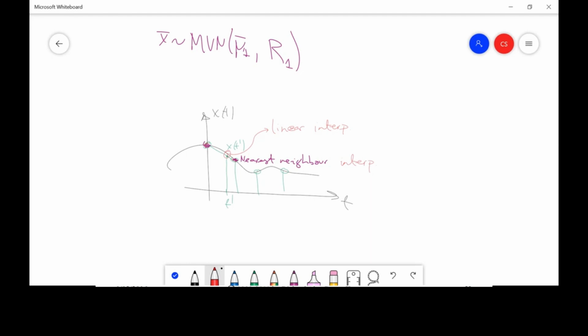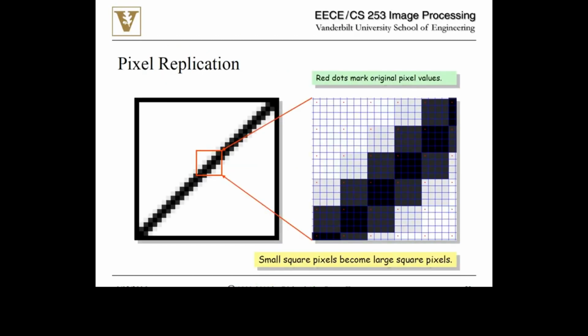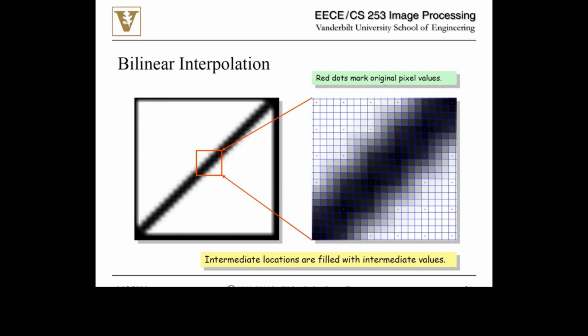Okay, so let's do that, but now with images. This is a reminder of what nearest neighbor interpolation was. We had the values at these points, the red points, and we copied that value to all the squares. We were doing magnification by a factor 4, so we copy that value to the 4 times 4 block. And we want to have this.